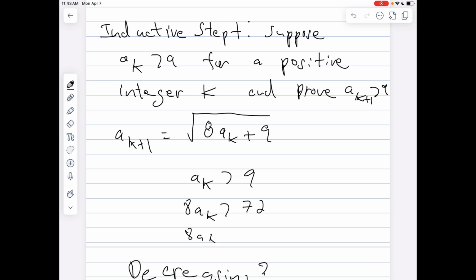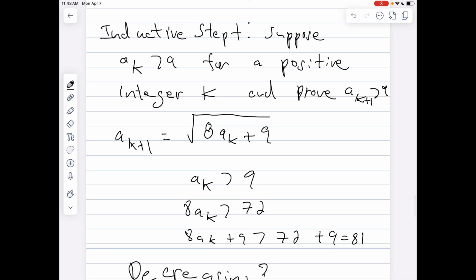And another property says if you add a number to both sides of an inequality, the inequality stays the same. So if I add 9, this would be the same. And here's the last step we're going to work with. I'm going to take the square root.